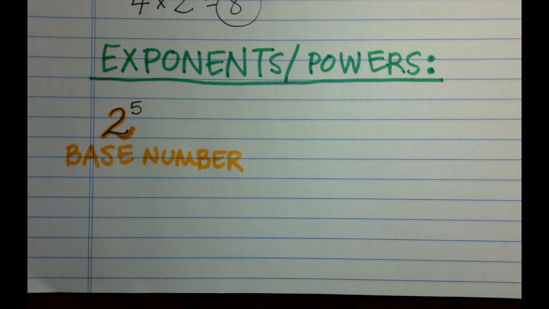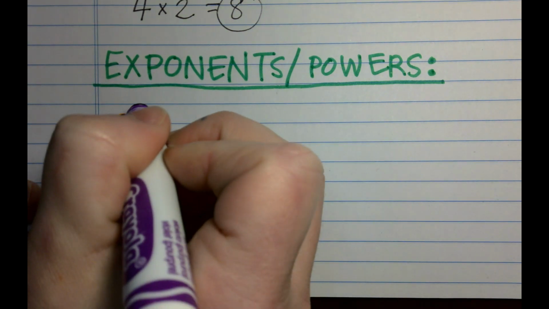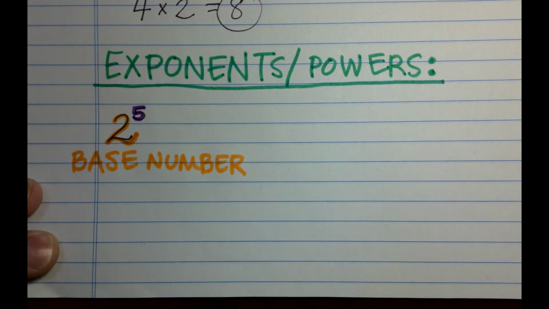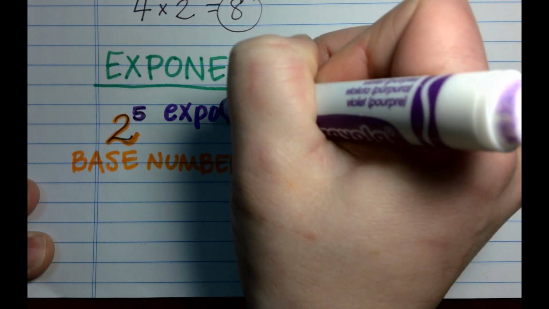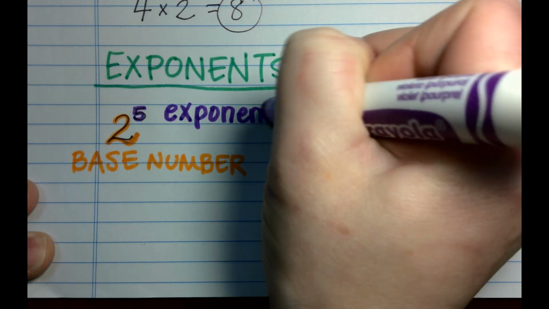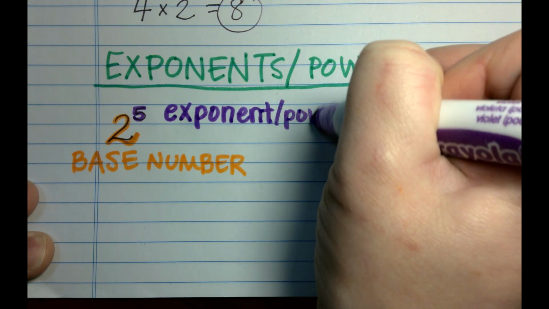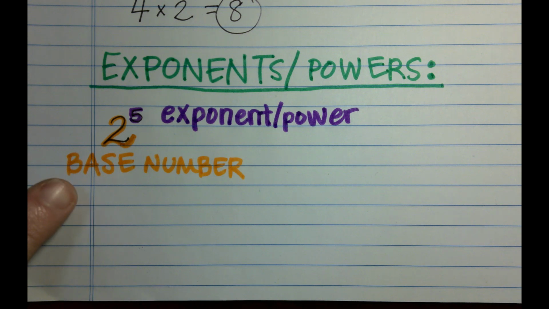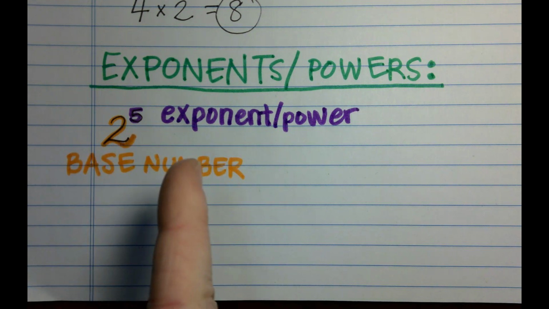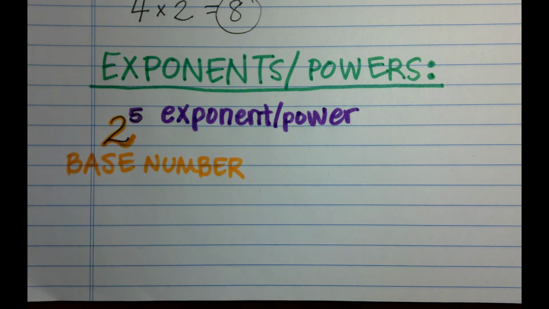And then 5, the little number in the corner, that's our exponent or our power. The way that we would read this is 2 to the 5th power. It's different. 2 times 5 is different than 2 to the 5th power, and I'm going to explain how.